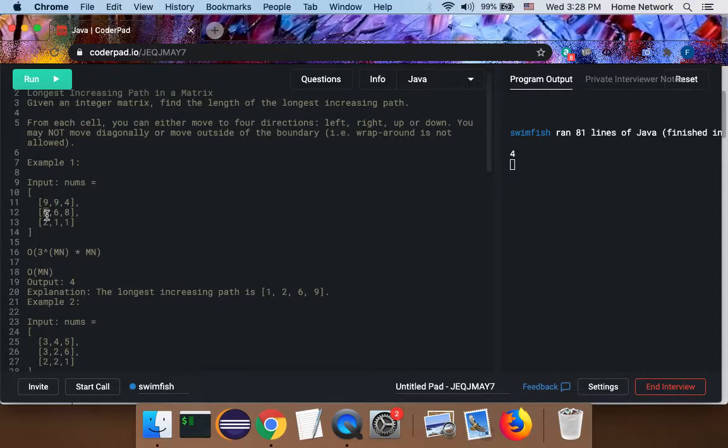So next time, when we visit this node, the cost is O(1). The same when we process this node, when we look up, we immediately return 2. So when we revisit this node, the time complexity will be 1. And when we process this node, when we look left, this matrix returns 3.